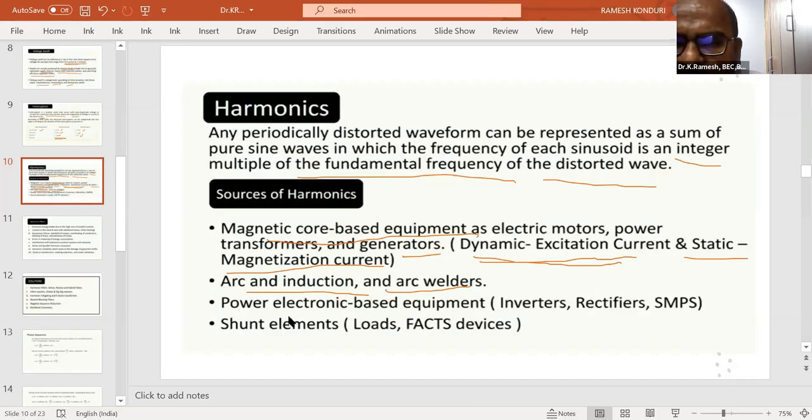And we have power electronic based equipment like inverters, rectifiers, SMPS, etc., where harmonics are generated. And we have shunt elements like loads and the FACTS devices, the varieties of FACTS controllers, from where generation of harmonics is also possible.